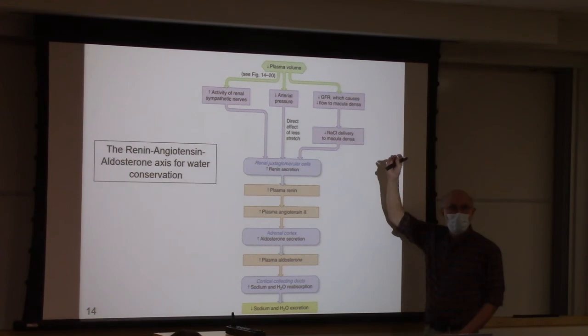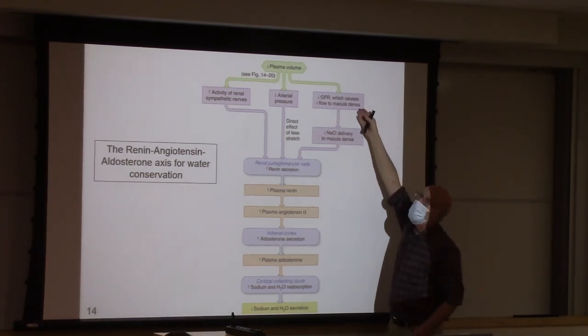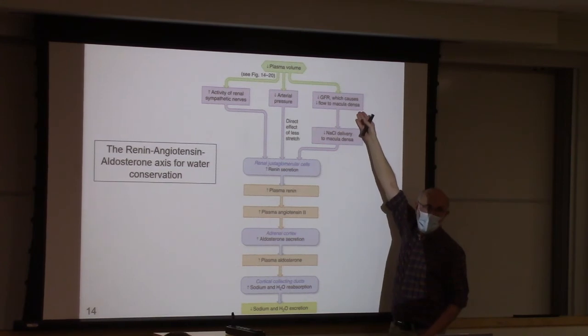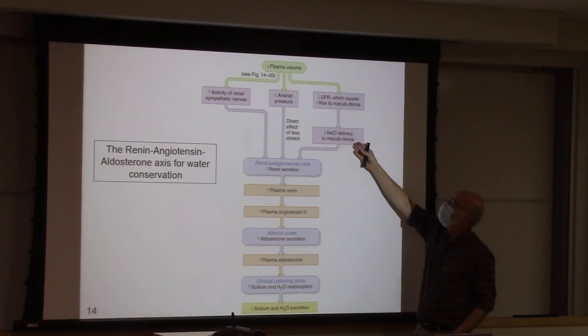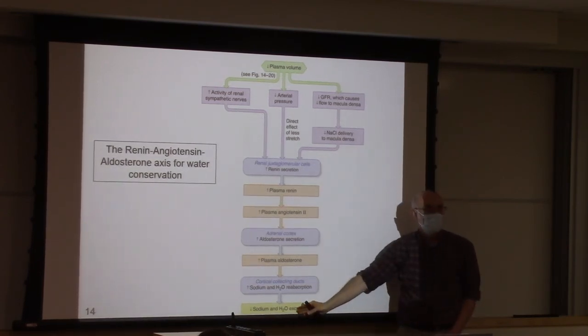And we can do other stories. Low blood volume, low blood flow, low GFR, low macula densa activity, and then the same story.